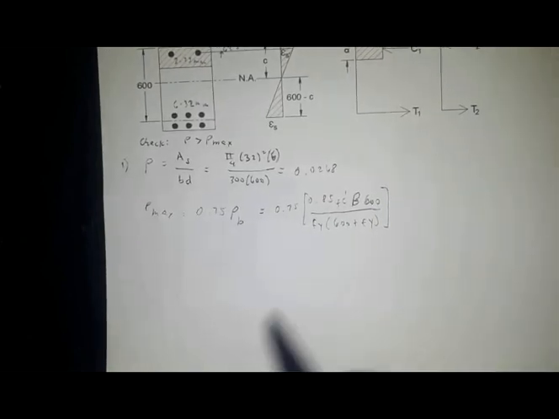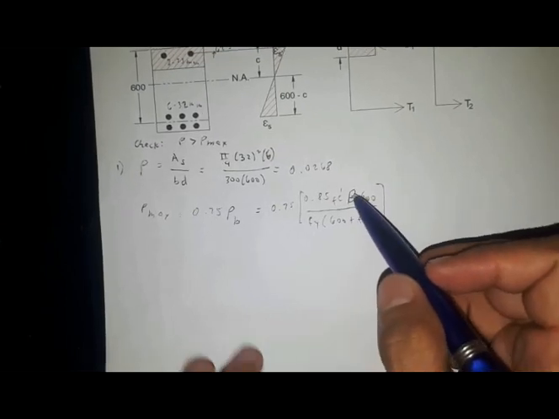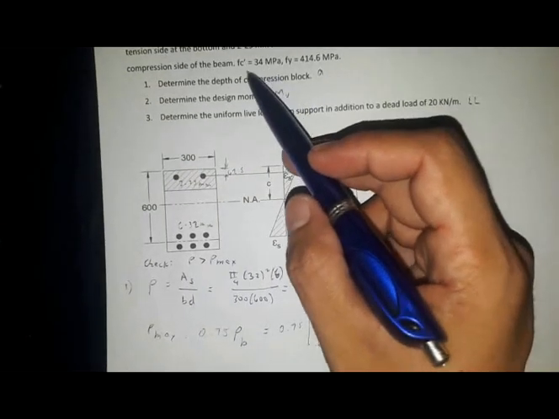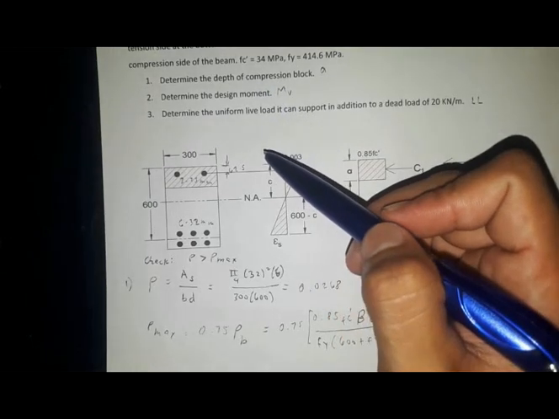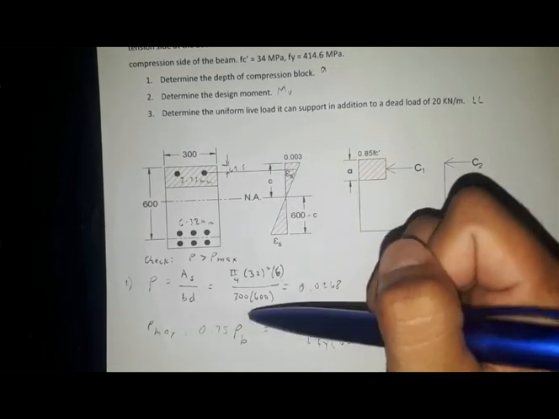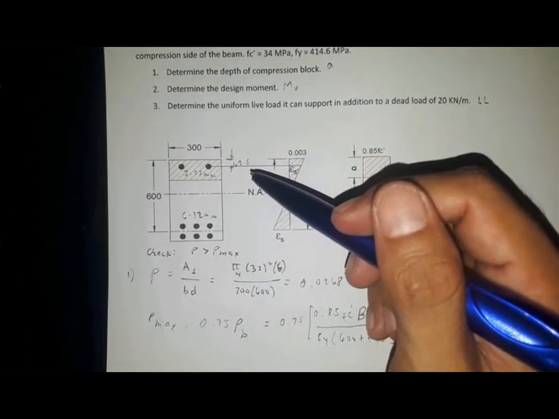Since our FC prime is 34 MPa, let's check for the beta factor based on the NSCP 2015.